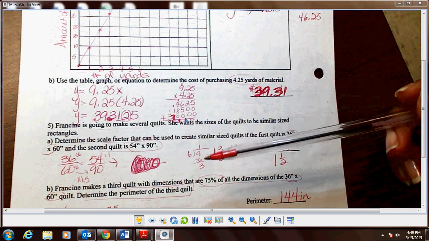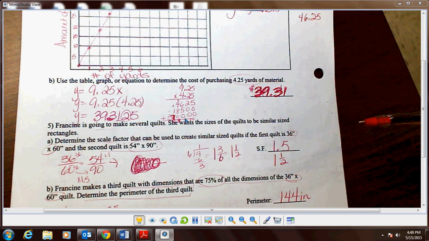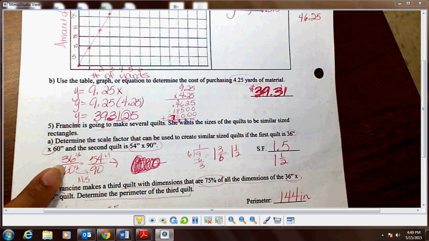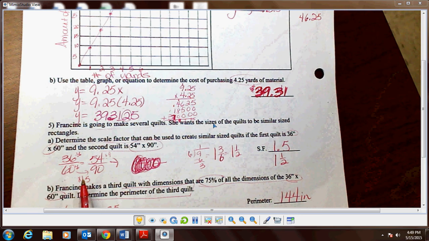Number 5, part A, is where you are using your scale factor. Remember, scale factor is whatever you're going to multiply by to get your new image. So we started off with 36 by 60. The next one is going to be 54 by 90. So all you have to do is see, what do I need to multiply 60 by to get 90?